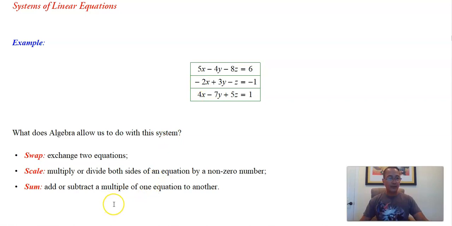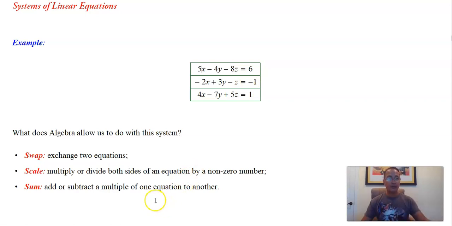And finally, you're allowed to add or subtract a multiple of one equation to another. By that, of course, we mean that you temporarily multiply both sides of an equation by a constant, and then you add the corresponding 2 sides of the equations to each other.